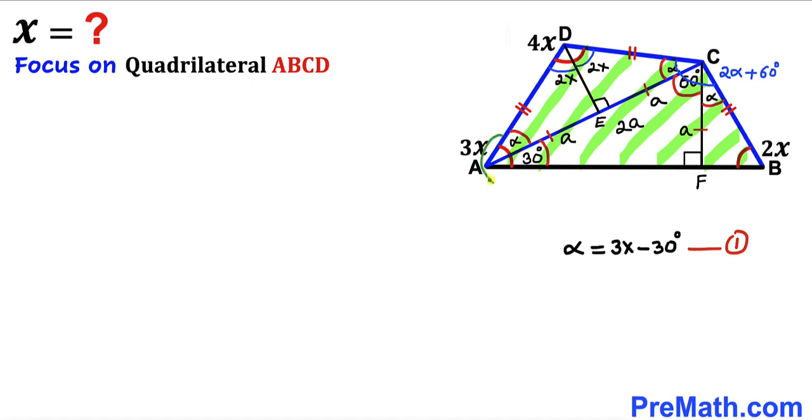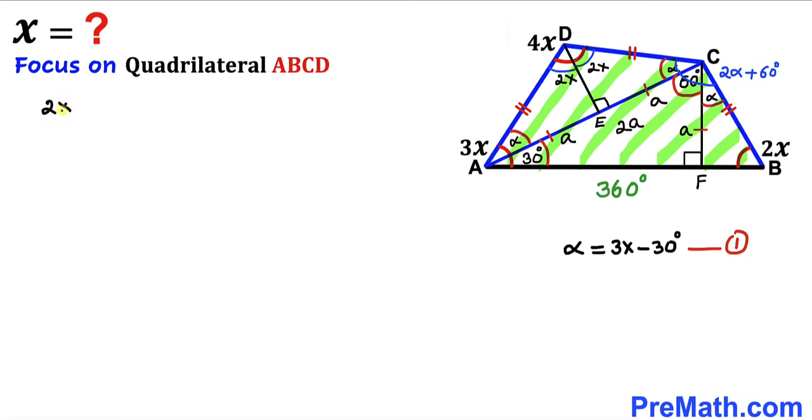We know the sum of all these 4 interior angles must be equal to 360 degrees. Therefore, we are going to add all these 4 angles and set it equal to 360 degrees. So let's go ahead and write it down.